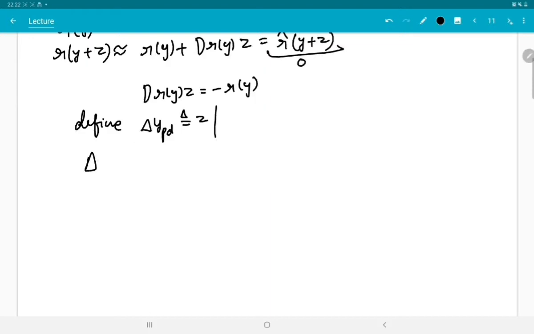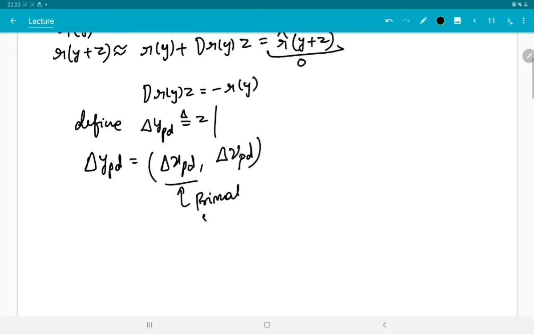Now delta y pd is itself a concatenation of delta x pd and delta nu pd, where delta x pd is the primal Newton step, and delta nu pd is the dual Newton step.